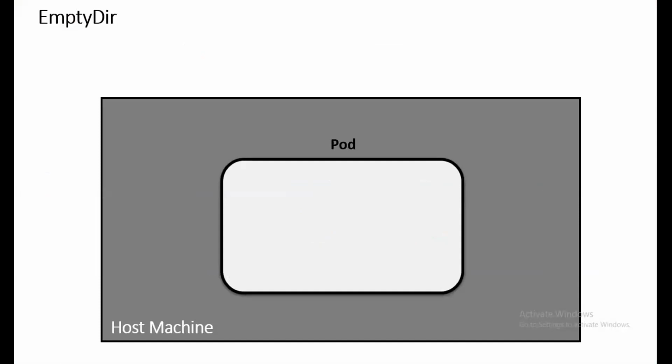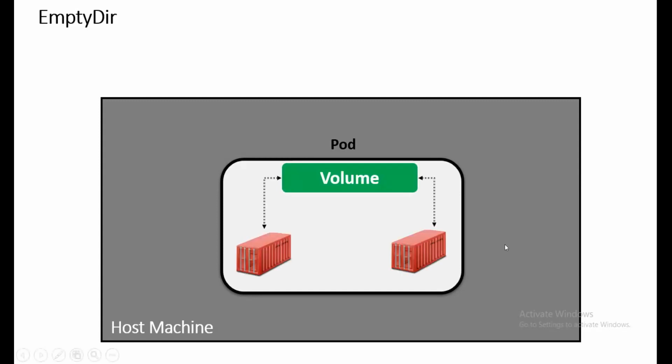Now, similar to how you had container to container communication within the same pod using localhost. Same way, assume in your cluster you have a pod and you have two containers inside the same pod.